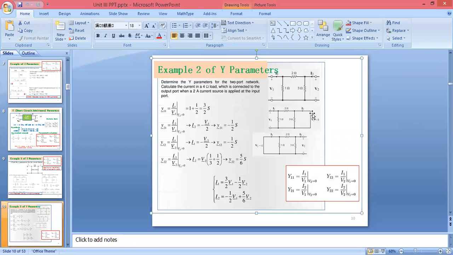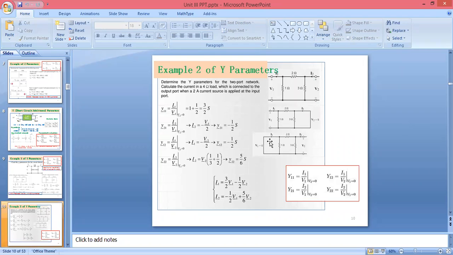By shorting the port and by using the current divider, you will get the equations. Then what you are supposed to do? You are supposed to calculate the values of the Y parameters, Y11, Y21, Y12, Y22, which we have found. After that, you use these values in our equation for I1. So what was our equation for I1?